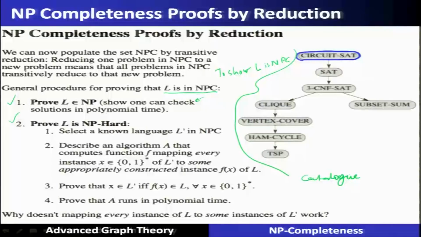That means we know some known NP complete problem and we select one such problem, let us say L prime. Now, we describe an algorithm A that computes a function f mapping every instance of the L prime problem to some appropriately constructed instance f(x) of the unknown problem which we are going to prove to be NP complete.